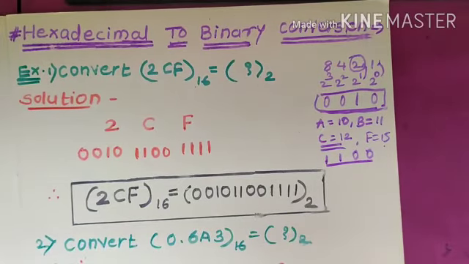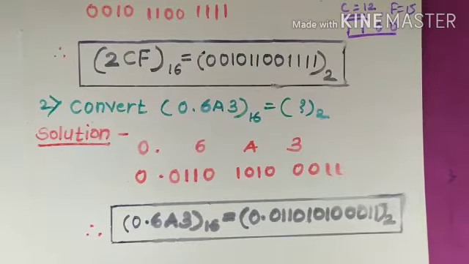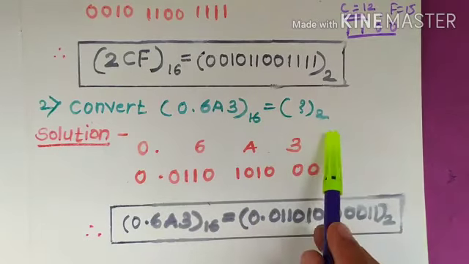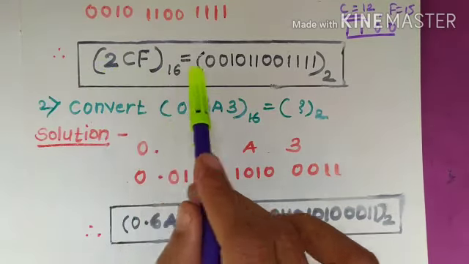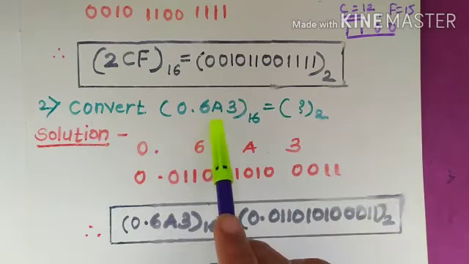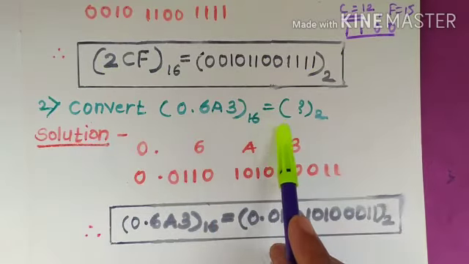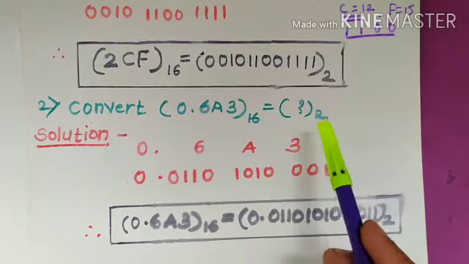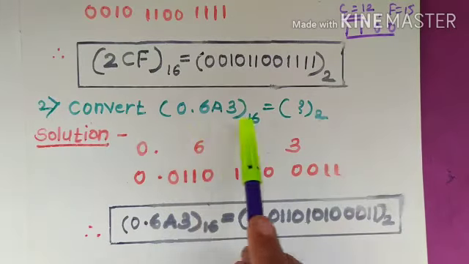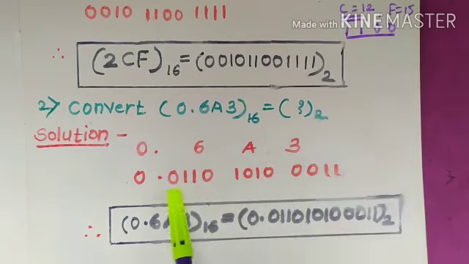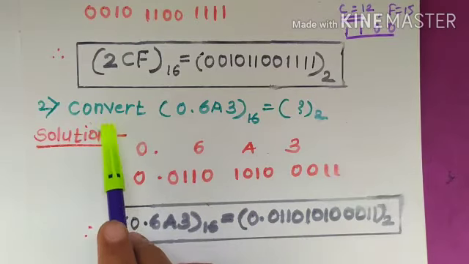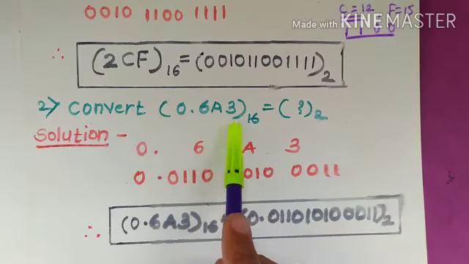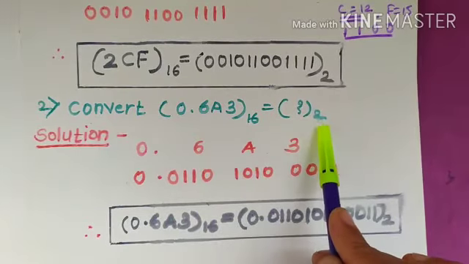Now let us see the next example. As the above example is for an integer number, now we have to see an example for a fractional hexadecimal. This is so simple. Write all the digits in the given example separately, and in a similar way write their equivalent binary numbers. See, the given example is to convert 0.683 hexadecimal into its binary.